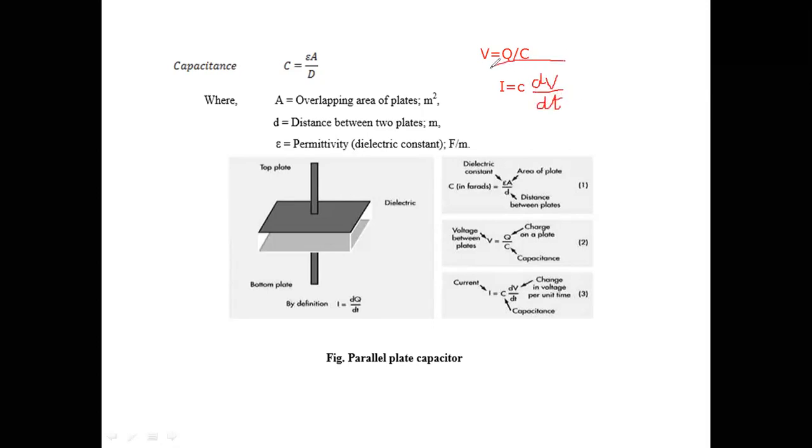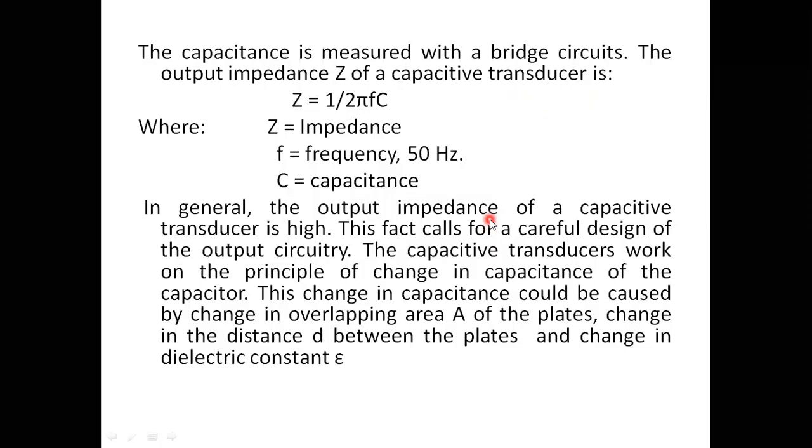So I equals C into dV by dt. This is the current. And Q equals CV, or V equals Q by C, is the voltage across the parallel plate capacitor. So how will I use this parallel plate capacitor in measuring inputs?